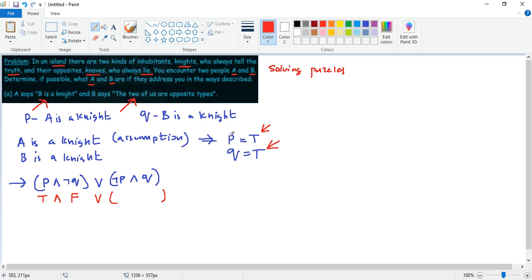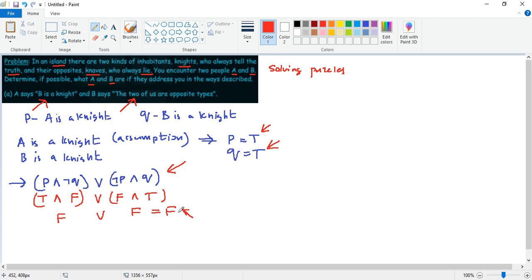Not P is false and Q is true. So this thing evaluates to false and this thing also evaluates to false. So false or false is false. So according to the assumption that we made, what B says is false, right?